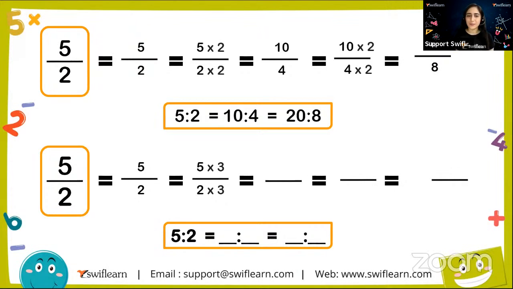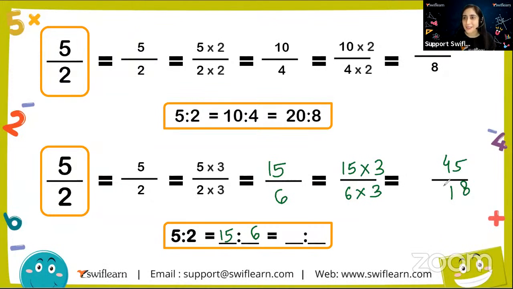So when I multiply by 3, what do I get? 15 by 6. So this will be 15 is to 6. Is it right? Okay. Now, if I multiply 15 by 3 again and 6 by 3 again, what do I get? 45 over 18.